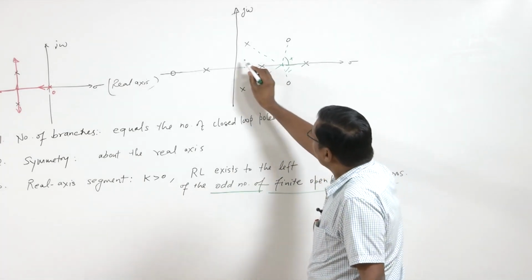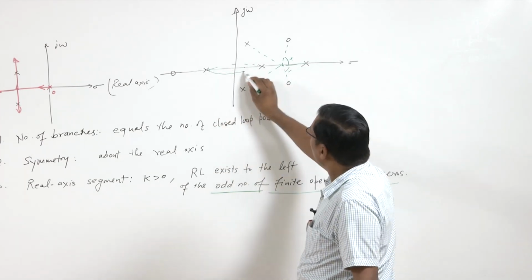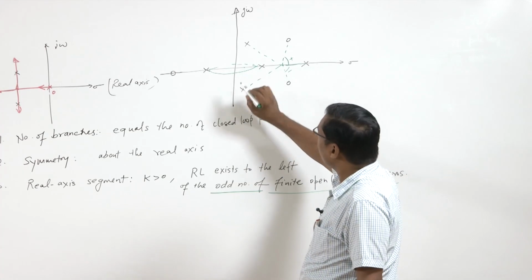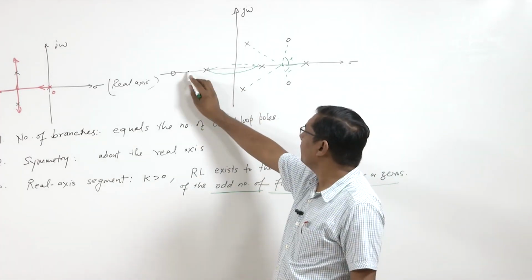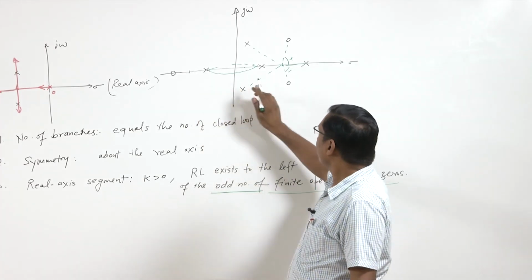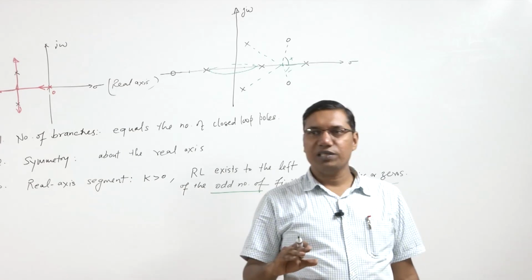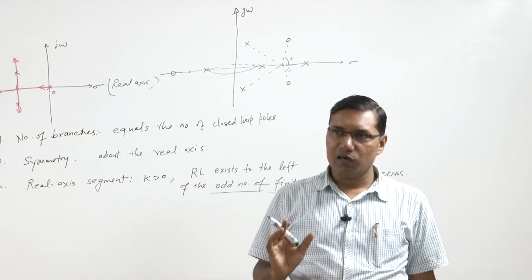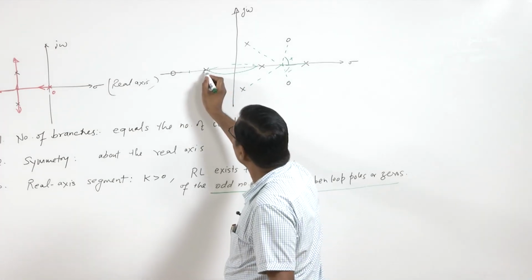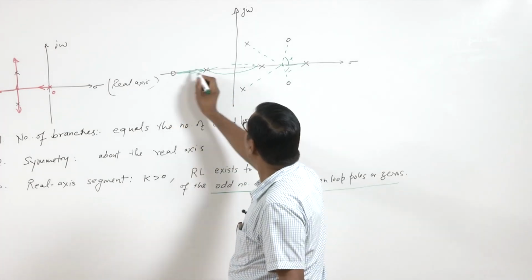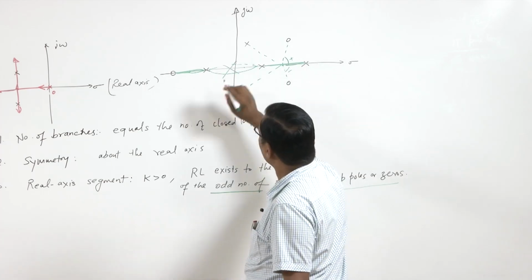Therefore, the root locus cannot be between these 2 points, because here the angle condition is not satisfied. Again once it will be here, then another 180 degrees will be added to make 3 into 180 degrees, that is an odd multiple of 180 degrees. So the root locus will be here in this area and in this area, but not in this area.